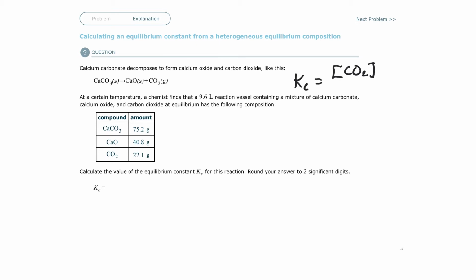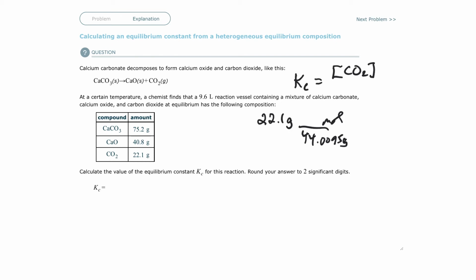It says that I have 22.1 grams of carbon dioxide, and carbon is 12 and oxygen is 15.9994. When I take that by 2 and add it up, the molar mass of that, I'm going to get 44.0095 grams per mole.